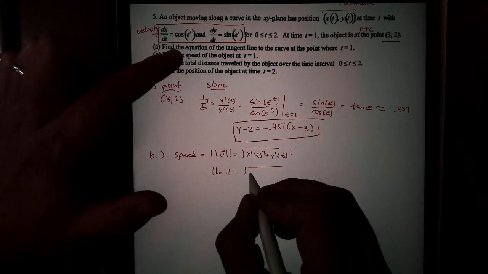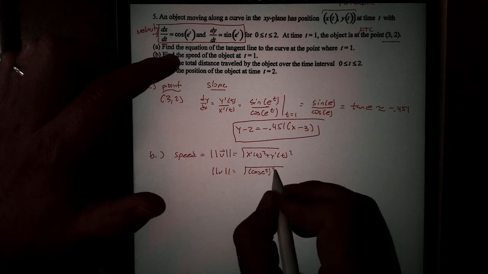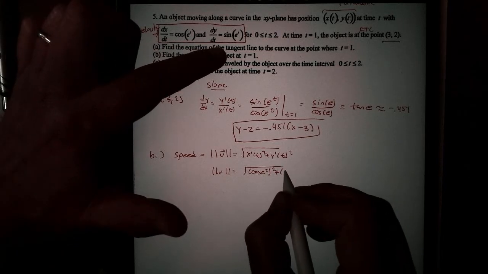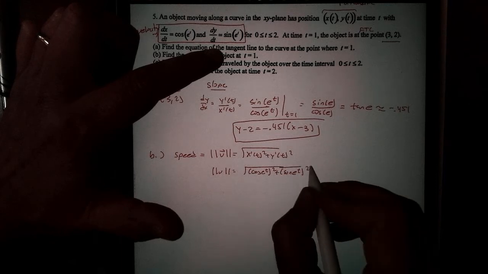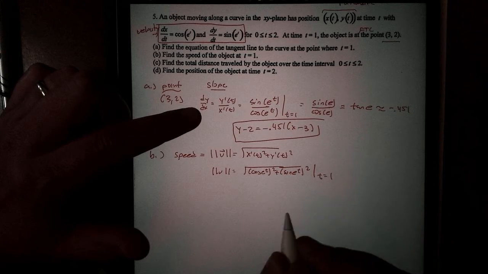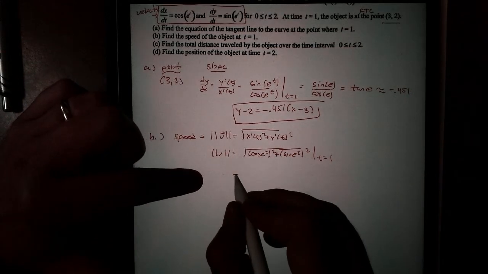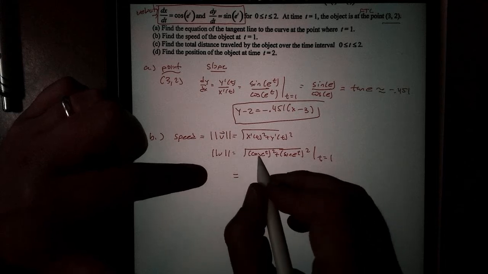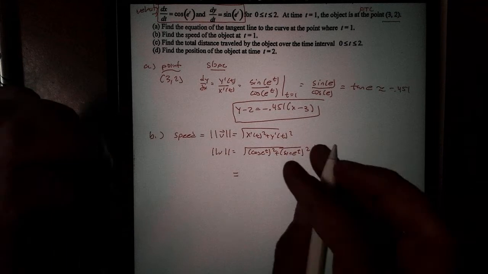So these are the derivatives already. So this would be the cosine of e to the t, squared, plus sine of e to the t, squared. And again, we want to evaluate this at t equals 1. And this is really not that bad to do. Honestly, you should be able to do this one without a calculator, because this is just cosine squared plus sine squared.